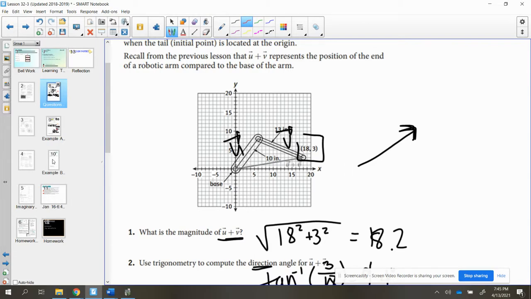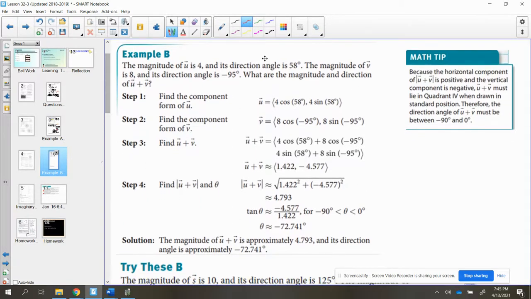It's the same idea with example B. We're given the magnitude and direction of initial vectors v and u. If we want to add them together and then find the magnitude and direction of that resulting vector, essentially we have to find the component forms of the two original vectors, actually add the two resulting vectors together, and then finally you are able to find the magnitude and the direction of that.